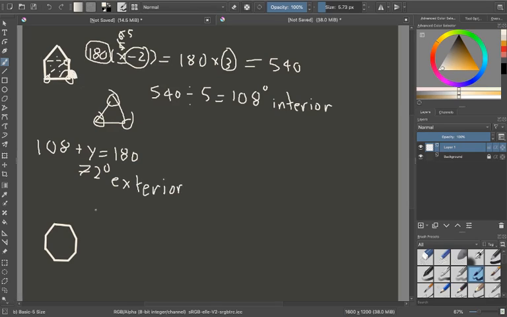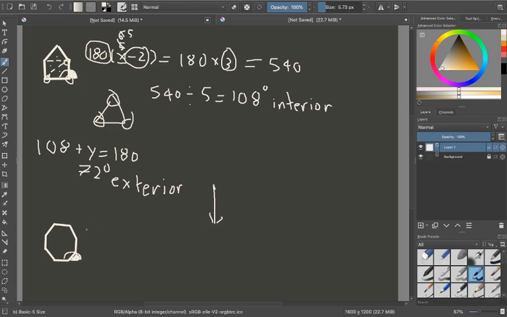Let's move on to another example right here. We have this octagon, and we have to find the interior and exterior angle. We should start off with the interior, because to find the exterior we still need the interior.